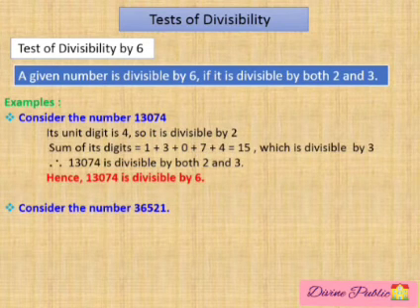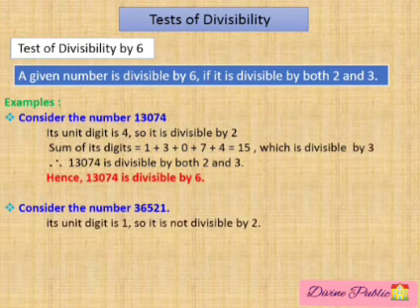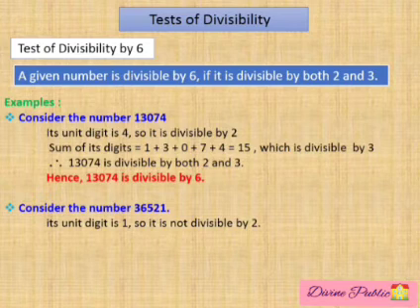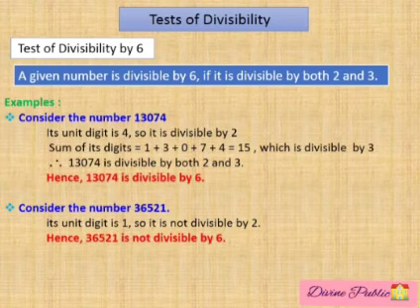Now, consider the number 36,521. Its unit digit is 1, so it is not divisible by 2. Hence, 36,521 is not divisible by 6.